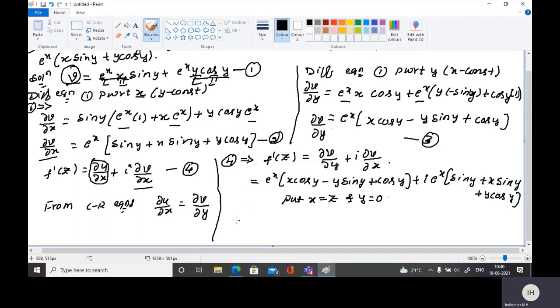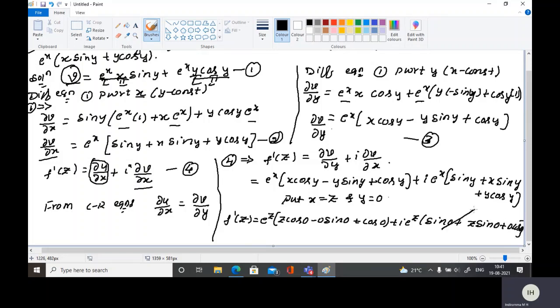Therefore, f dash of z is equal to e power z into z cos 0 minus 0 sin 0 plus cos 0, plus i into e power z sin 0 plus z sin 0 plus 0 cos 0.